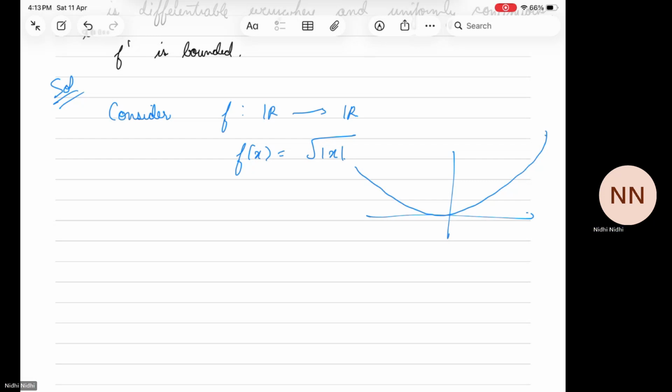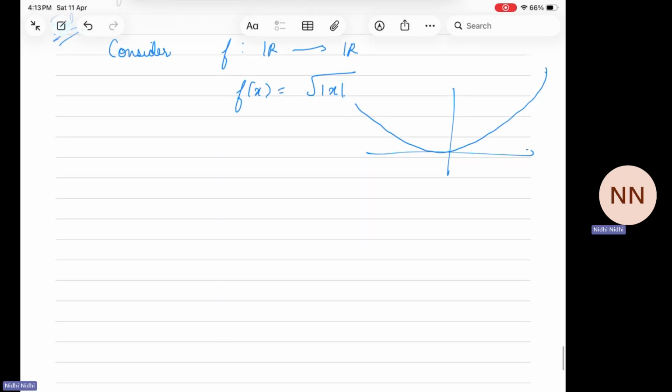And we know that this will be uniformly continuous. You can check this one because obviously on any closed and bounded domain it's continuous, so it will be uniformly continuous as well.